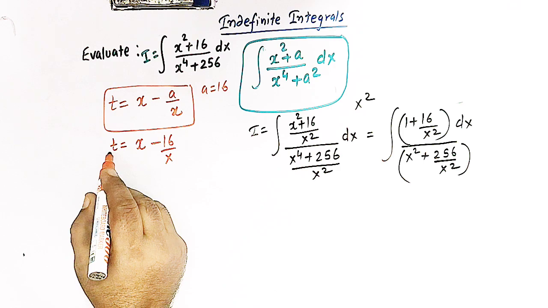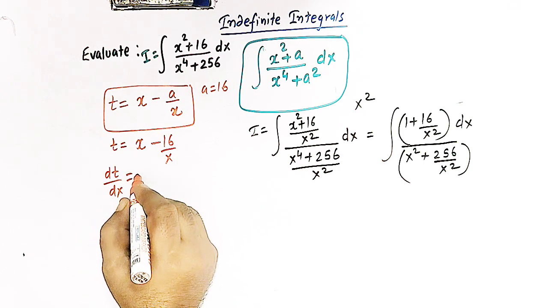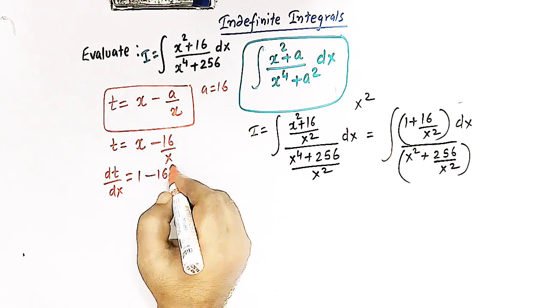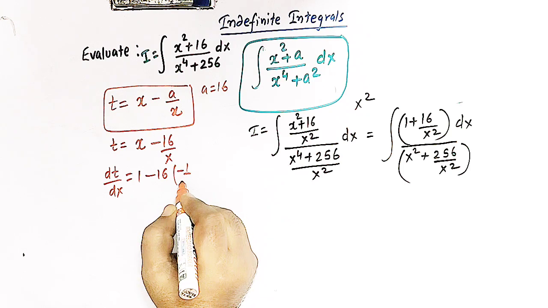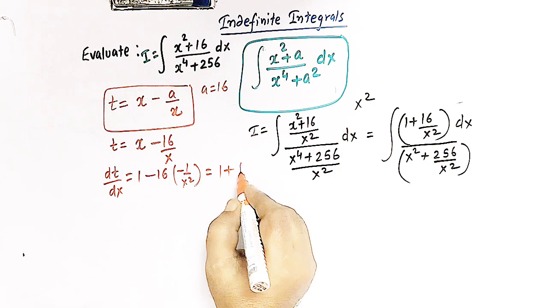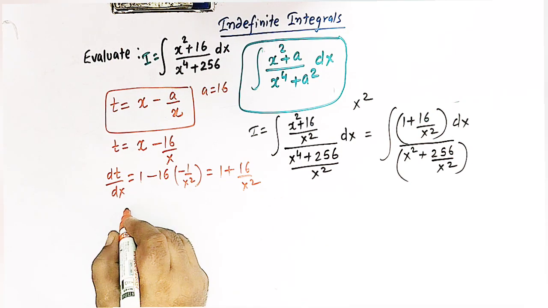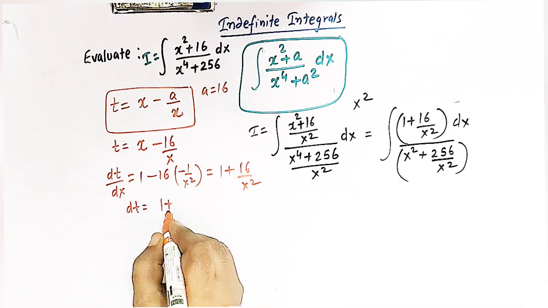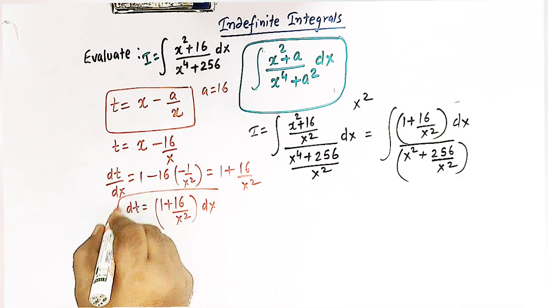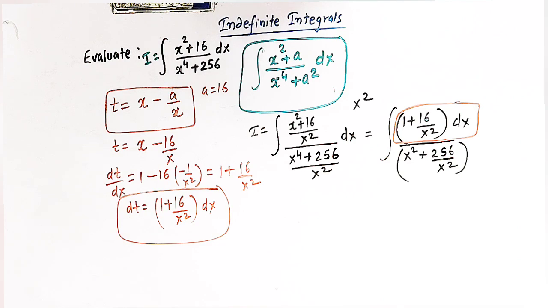Now differentiating t with respect to x, we have dt over dx, and the derivative of x is 1, and here we have minus 16. The derivative of 1 over x is minus 1 over x square, and that is equal to 1 plus 16 over x square. So now we can write dt is equal to 1 plus 16 over x square dx, right? So now we can replace this expression by dt.